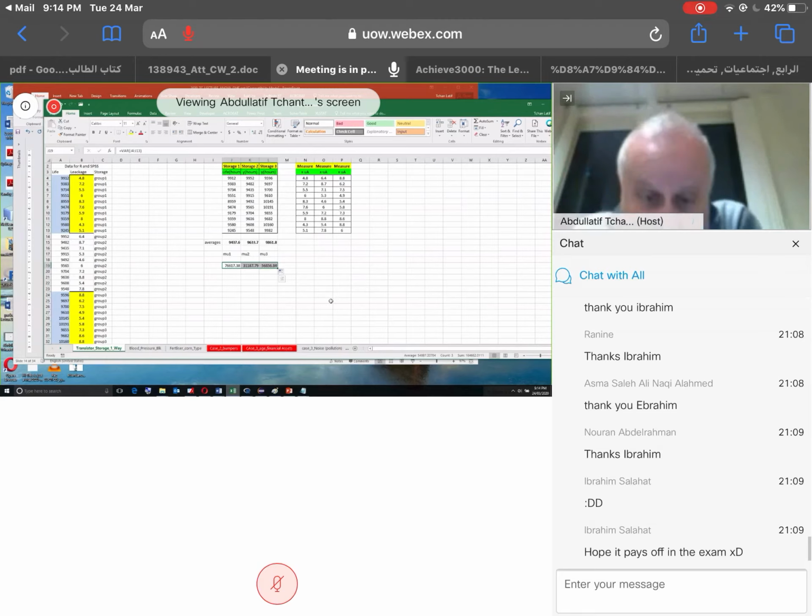Of course, these are sample variances. But can we assume that they are equal? They don't look like they are the same. Can we assume them? That's statistics.